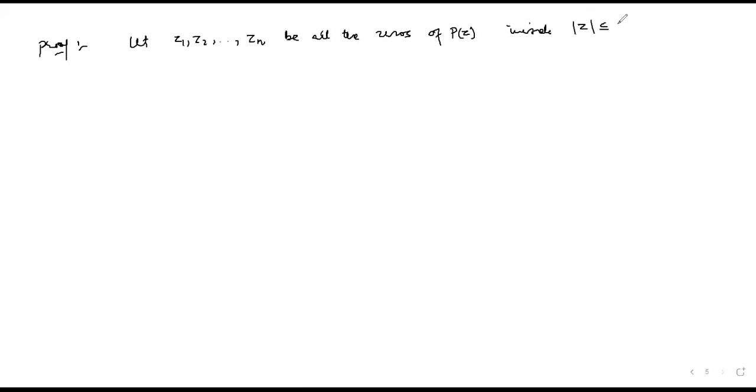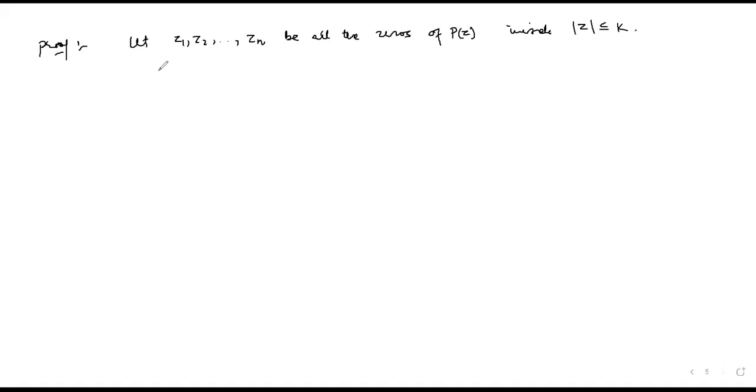So again we will just do, जैसे कि हमने इससे पहले किया था, almost halfway तो हमें वैसे ही जाना है जैसे पहले Turan's theorem में गए थे. तो हम कहेंगे let z1, z2, ..., zn be all the zeros of p(z) inside |z| less than or equal to k, where k is less than or equal to 1.